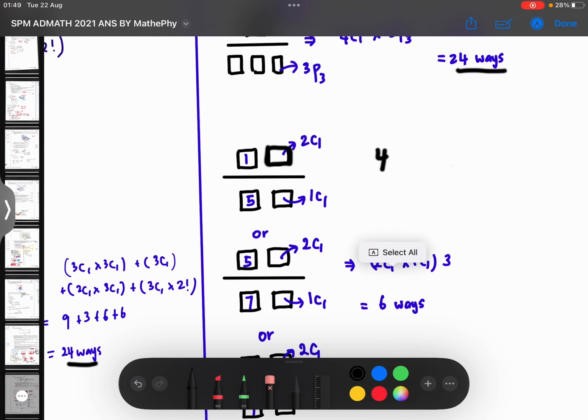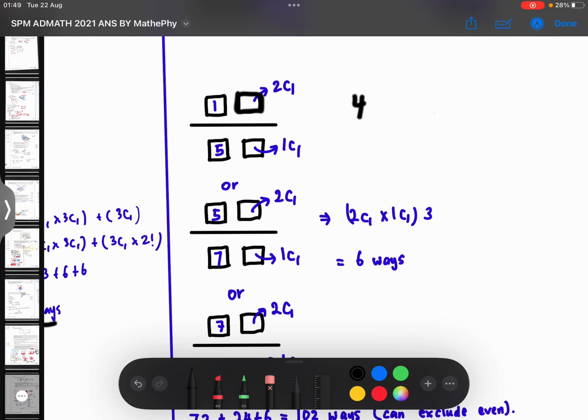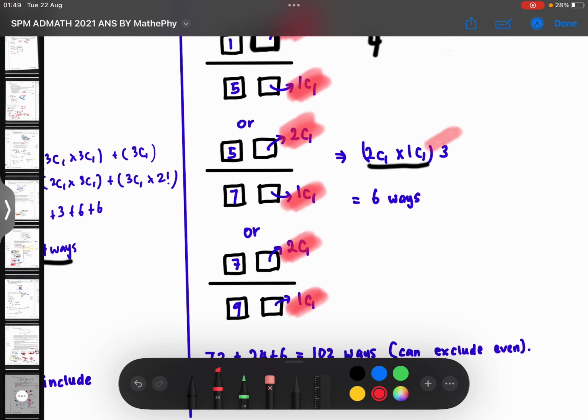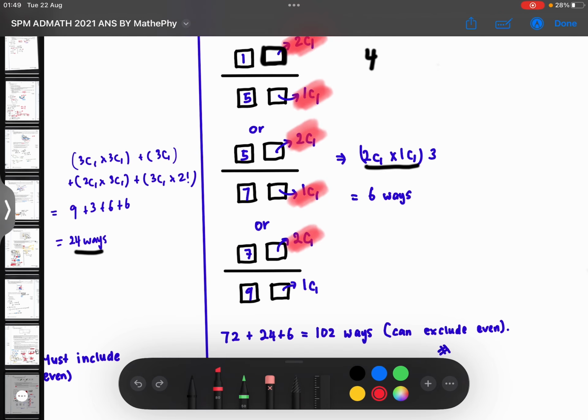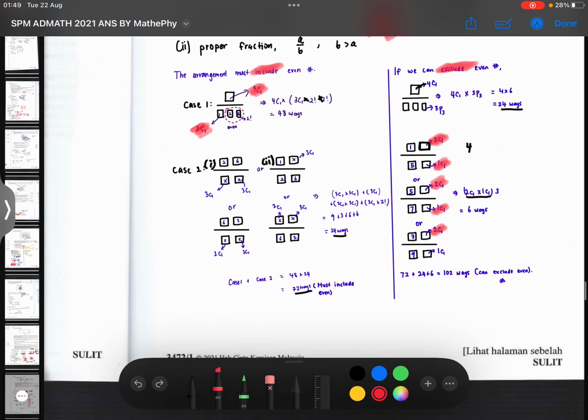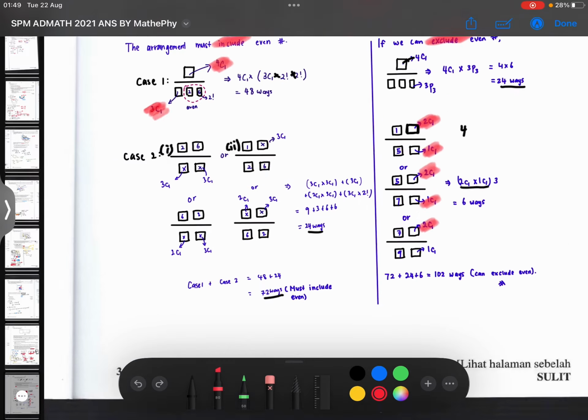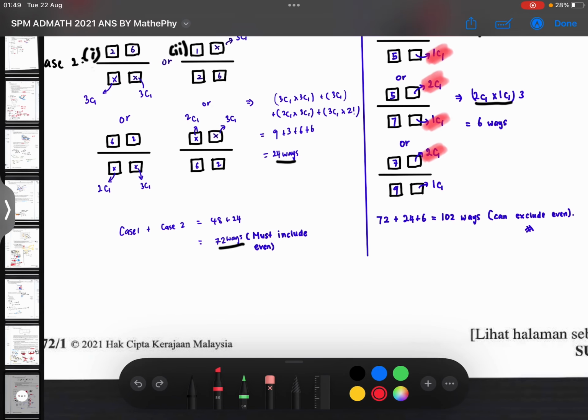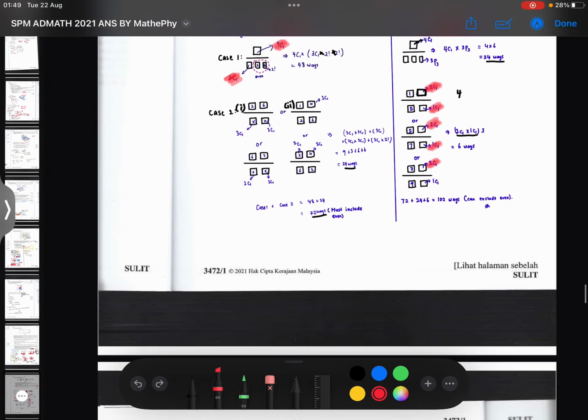We just multiply them by 3, so we get 6 ways. Alright, so after that we just add when we include even and when we exclude the even number. So everything altogether is 102 ways.